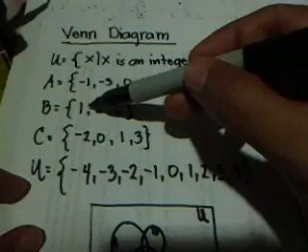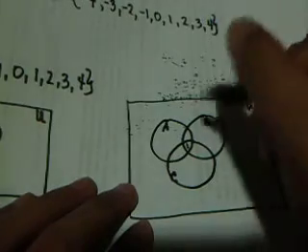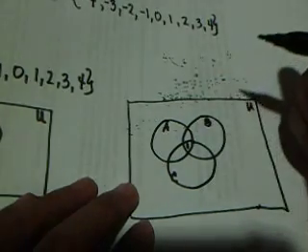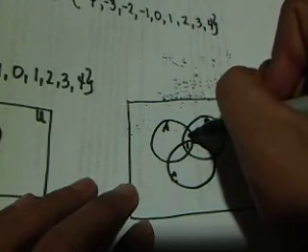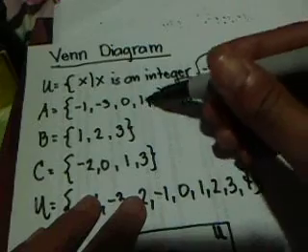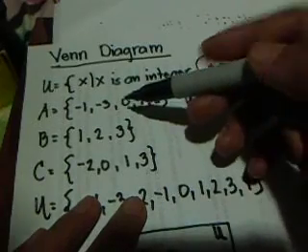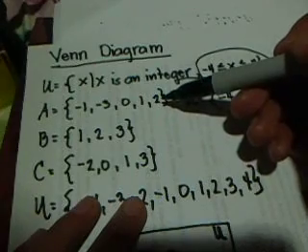1, 1, and 1. So at the center here, let us put 1 because it is a common number for A, B, and C. The number here is common for A and B. So what is the number common for A and B? We have number 2.